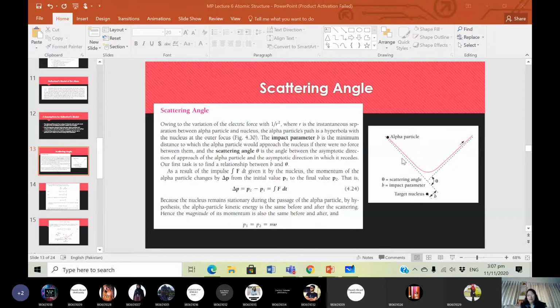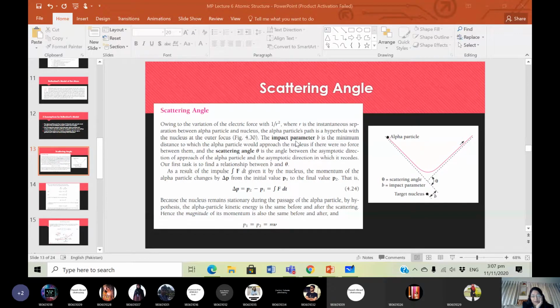Is that making sense? If there were no forces between them, the alpha particle would just simply go straight through. So it's the minimum distance, which is this distance B. Okay? So this is known as the impact parameter.